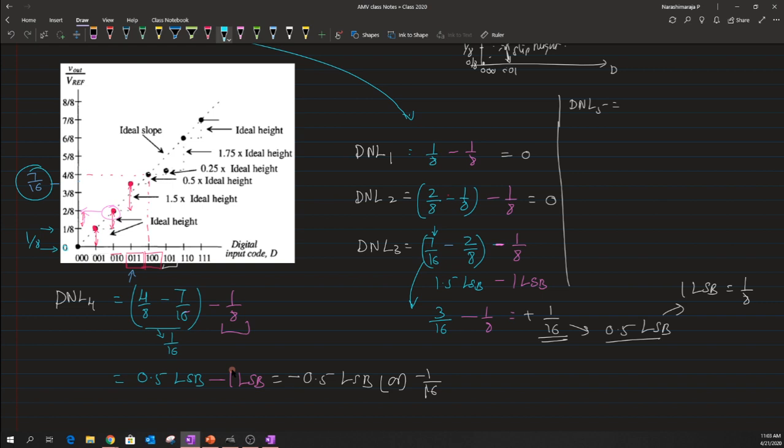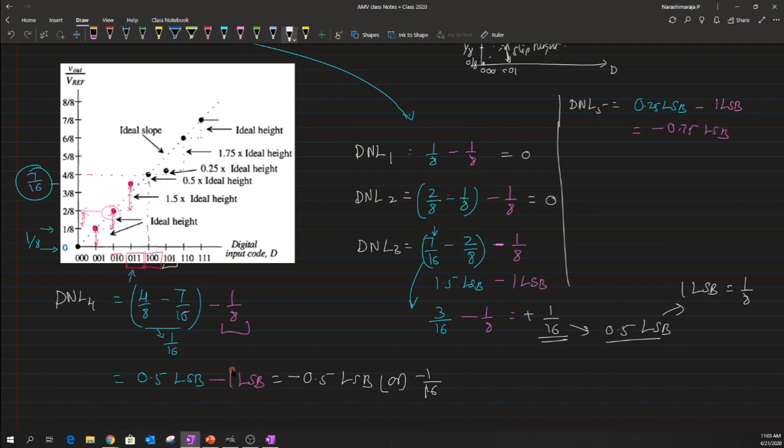Okay, I'm directly writing the result of the height itself here, which is equal to 0.25 LSB, and we know the ideal step height is always equal to 1 LSB. So when we do the subtraction, we end up having a DNL error which is equal to minus 0.75 LSB.